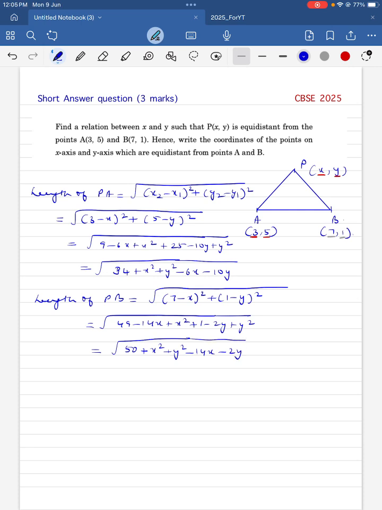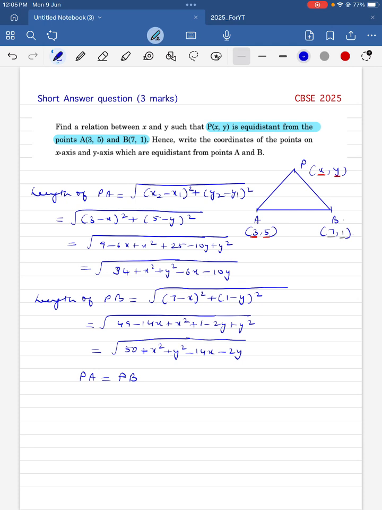Now, because they've mentioned in the question that P(x, y) is equidistant from these 2 points, that means that length PA will be equal to PB. What do you mean by equidistant? It means that it is at equal distances. So the lengths will be the same.